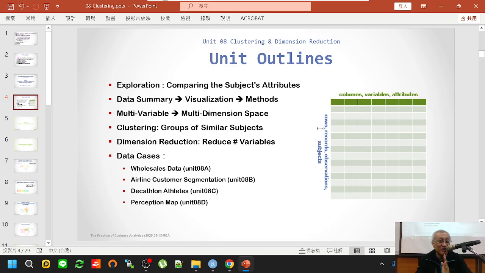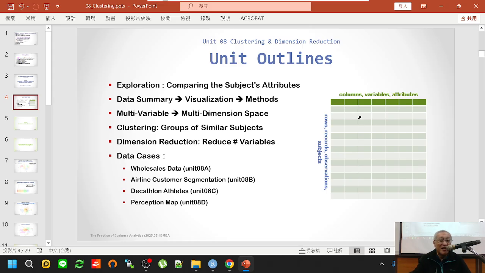In this direction, they are reduced into groups with similarity, okay? And in this dimension, we can compress a lot of variables, which map to a multi-dimensional space, into a two-dimensional space, okay?